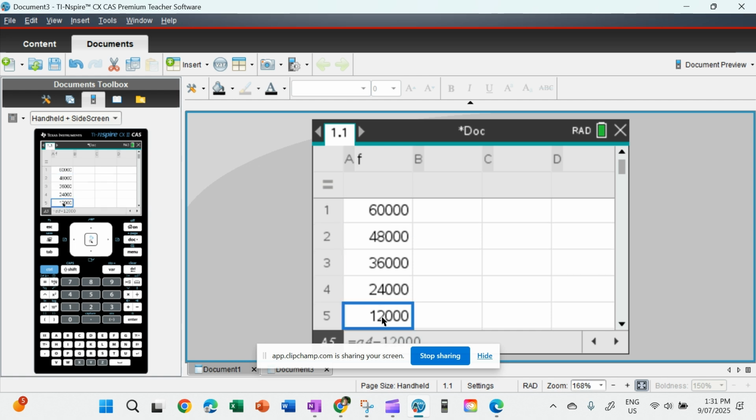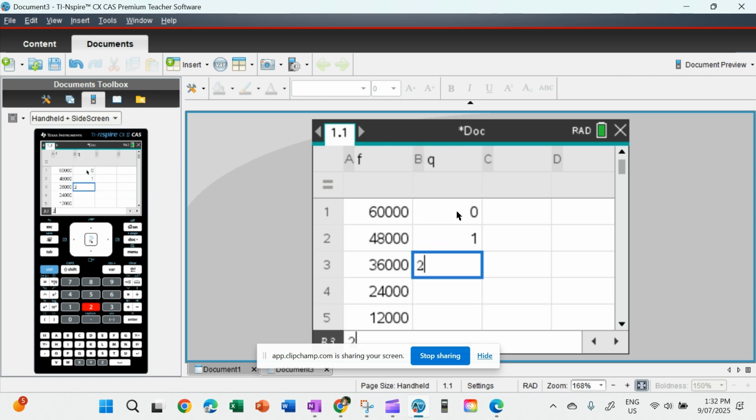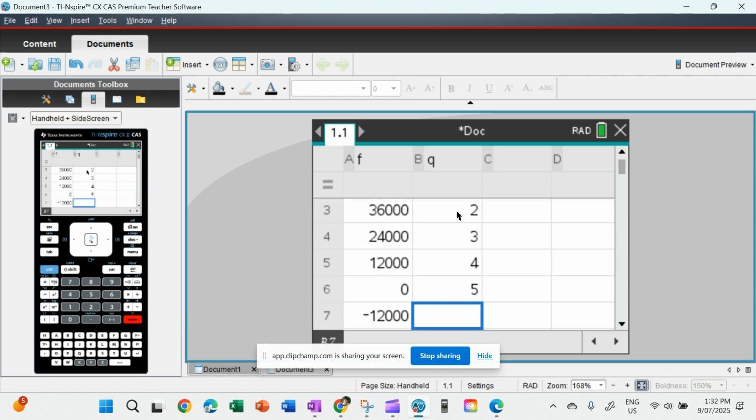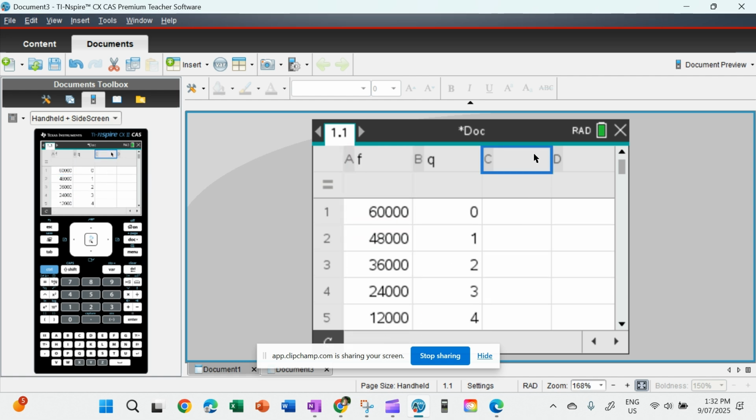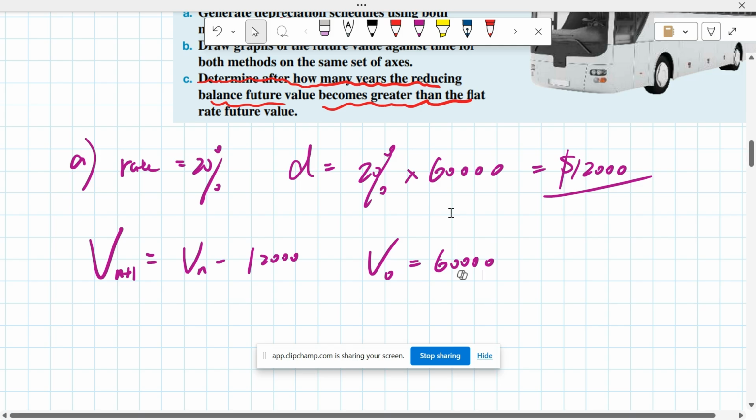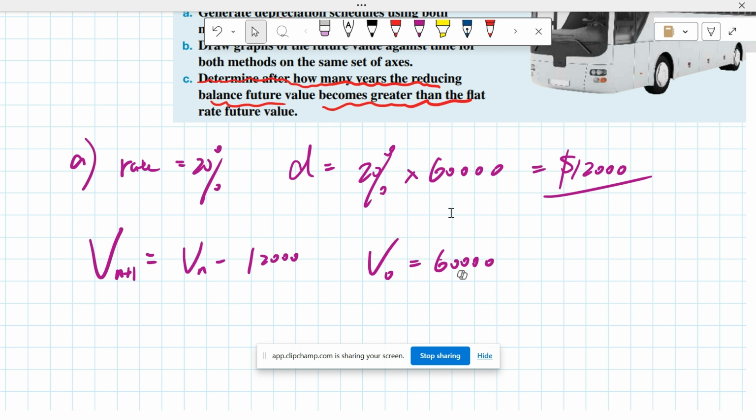So maybe we go with 5. And this one will later use Q, which is 0, 1, 2, 3, 4, 5. So we don't need that. Then after 5 years, it will be $12,000 per year, and that will become 0.